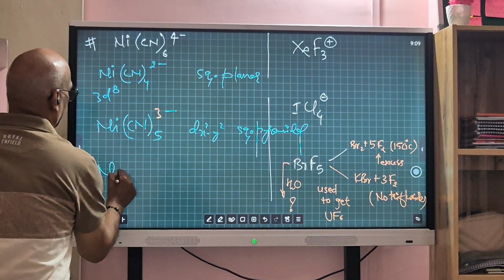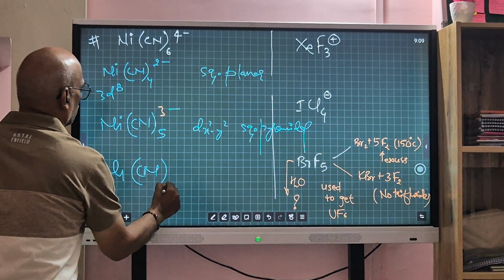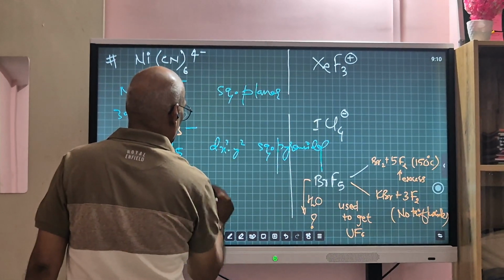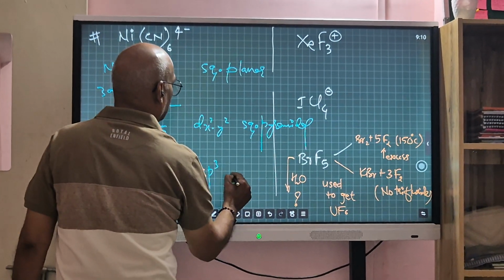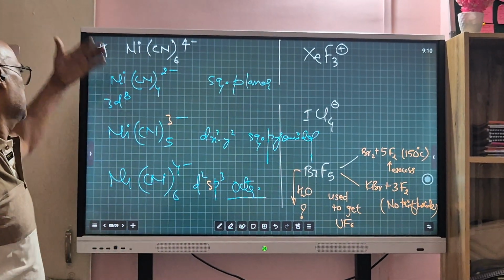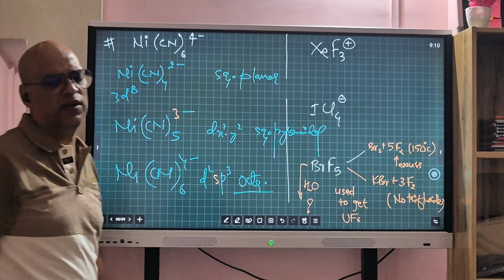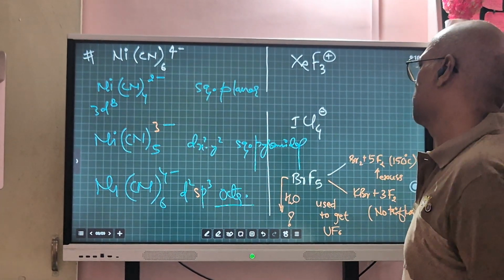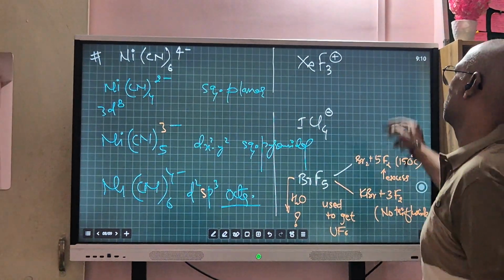Now you will go for Ni(CN)6, 4 minus. Obviously it is d2sp3 and octahedral complex. Okay, so these are the step-by-step formation. I'll explain this in physical as well as in coordination chemistry revision. Now, this is the homework.